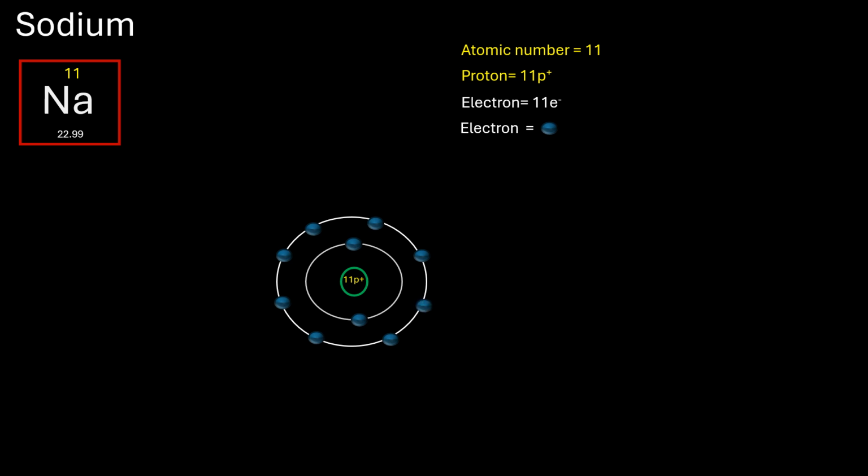All right, so we have 8 electrons in the second energy level plus 2 in the first energy level, so we have 10 electrons so far. So we need a third energy level, and we need one more electron, so we put that electron there. So this is the electron configuration for sodium.